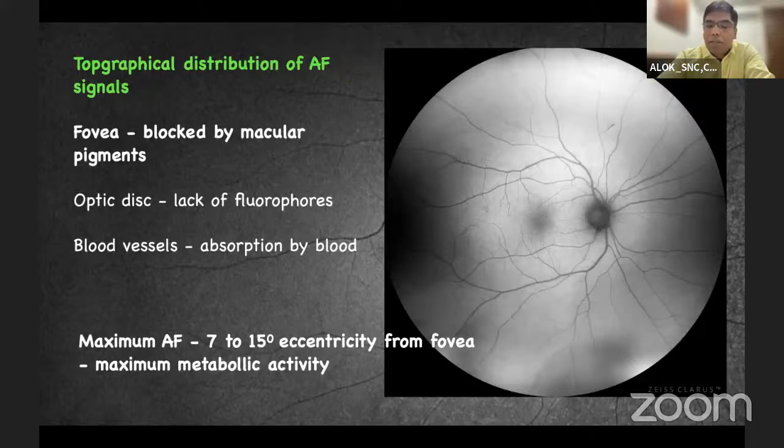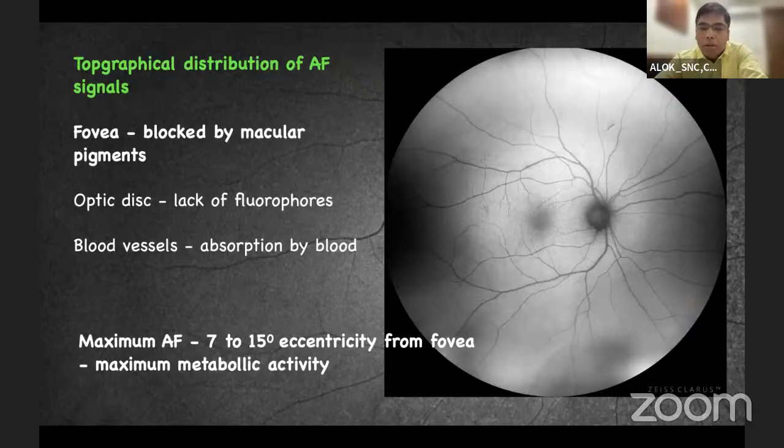The blood vessels also appear dark, because the blood absorbs blue light. And what you see is that the fundus autofluorescence has maximum fluorescence in the perifoveal area, near 7 to 15-degree eccentricity from the fovea.